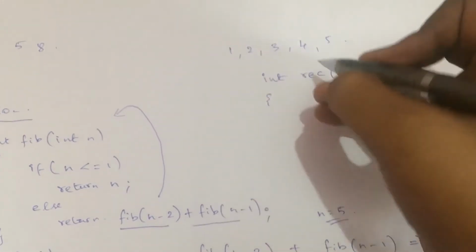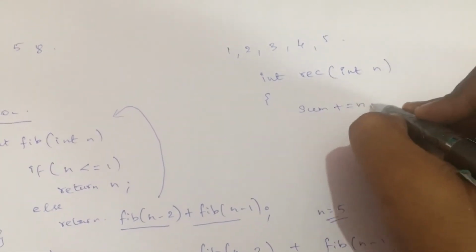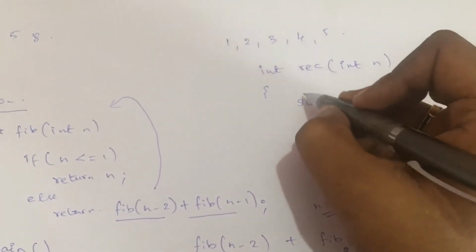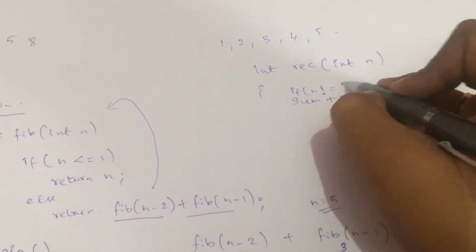So inside which I'll be having something like sum plus equal to n, right? But sum plus equal to n will be done only if n not equal to 5, right?